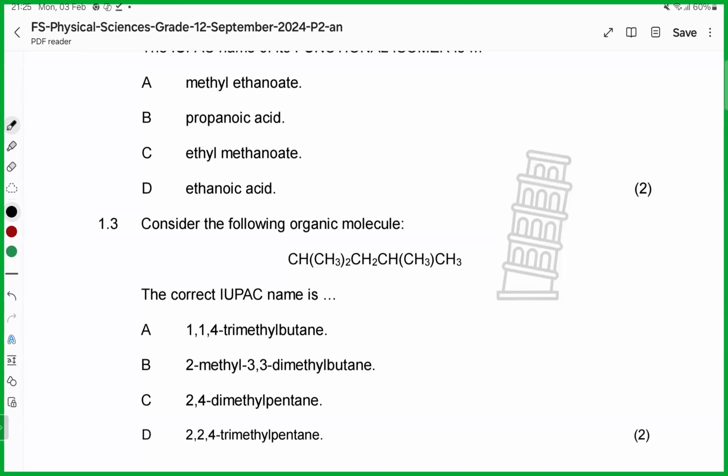Let me show you how. The problem is at the beginning there. So let's start off with the CH here. You've got two CH3s here. One of the CH3s, by the way, has to be part of the main chain.